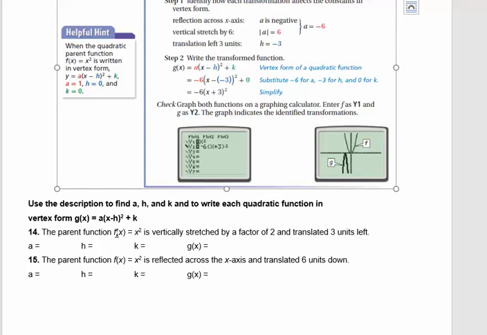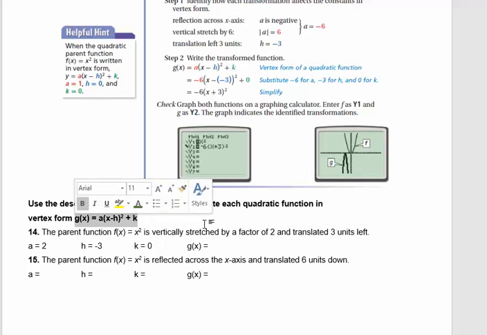So the parent function f of x equals x squared is vertically stretched, that's our a, by a factor of 2. And it's translated 3 units left, so that means h has to be -3. It doesn't say anything about translating up or down, so then we use k equals 0. Now all you have to do is plug those into this form of the function right here, vertex form, and you will have your equation.